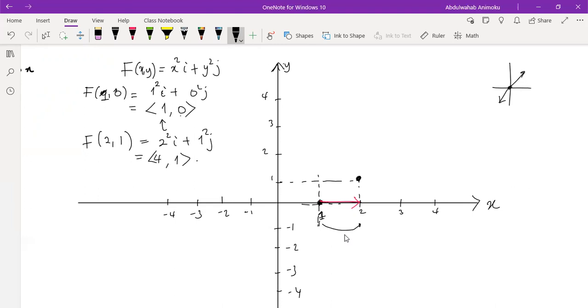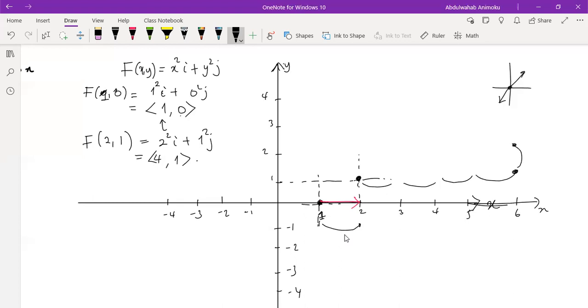Again, imagine this is the center, and you're trying to draw this vector with 4 in the X direction and 1 in the Y direction. If it is 4 in the X direction, that means we're going to move 4 units to the right. This is the second unit, so we have to move further from this, let's say here is 6. So we move 4 units in the X direction, and then 1 unit in the Y direction, which is at 2.